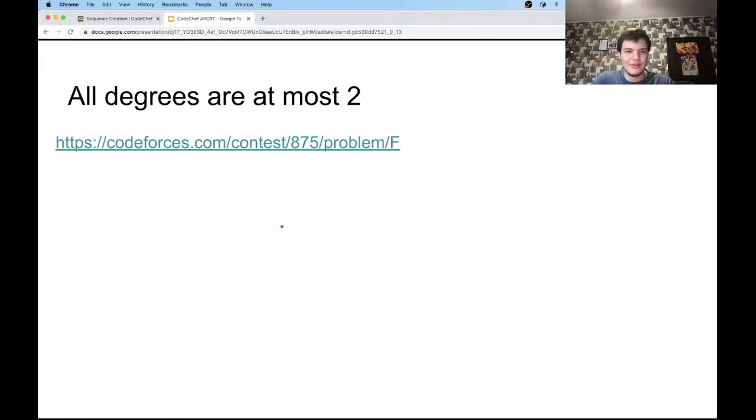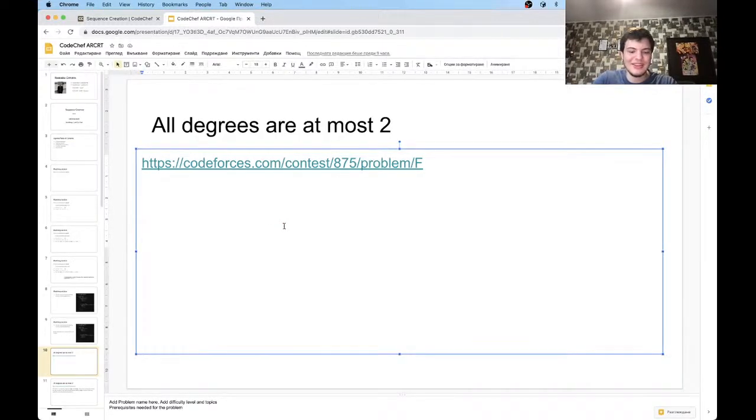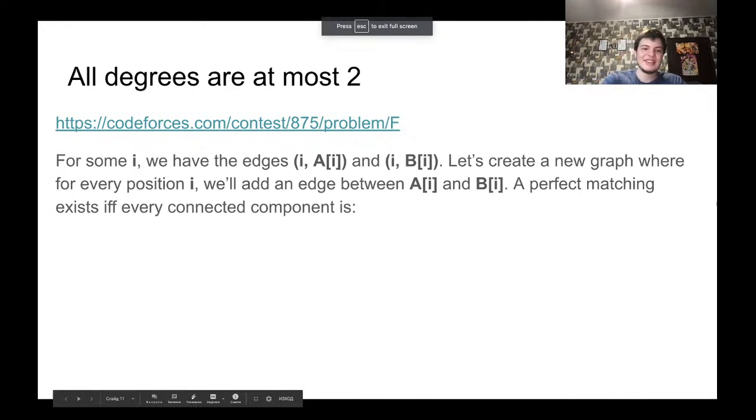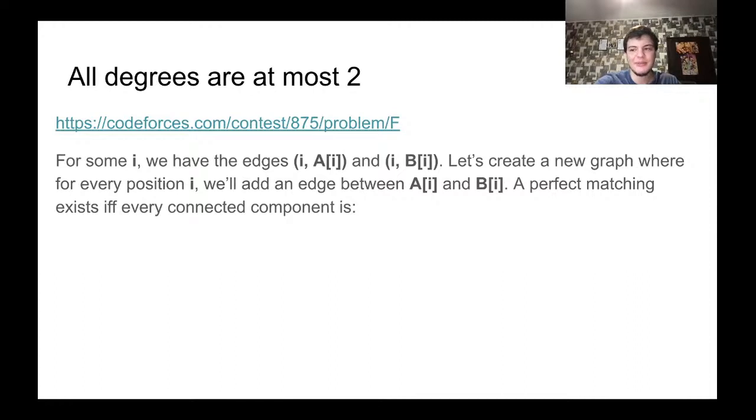So let me go back to the slides. The main idea is that we have 2 edges for every position, which are AI and BI. That's why the degree is at most 2 for all vertices on the left side. And now we are going to create a new graph where for every position we'll add an edge between AI and BI.